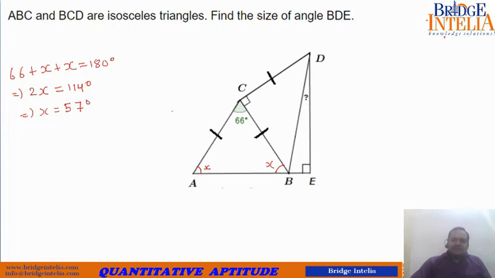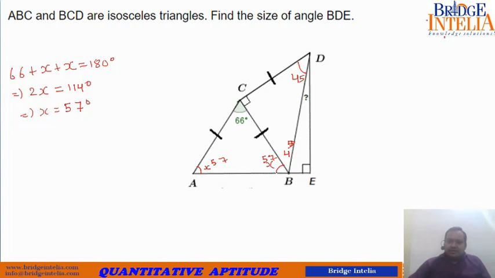So this is 57. Similarly, this is what? 57. This is already given as 90 degrees. Now this is 90, as well as these two sides are equal. So if this is 90, then this must be 45 and this must be equal to 45.